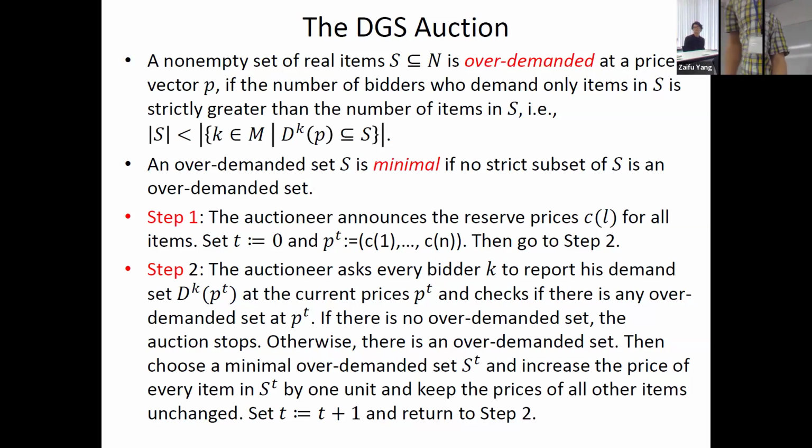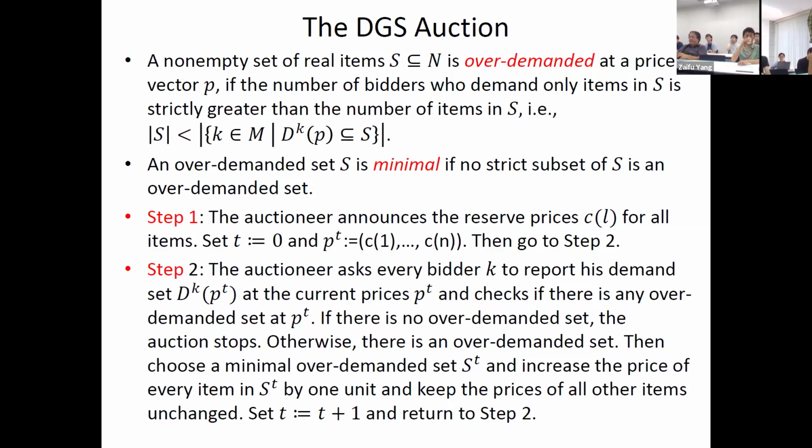In principle, the auctioneer has to consider many subsets of M, right? There's an efficient algorithm to find a minimal over-demanded set if you have an over-demanded set. Can I make a clarification? Sure. If there are many minimal over-demanded sets, we can choose an arbitrary one? You can choose, yes.